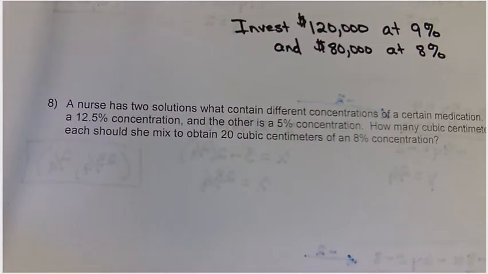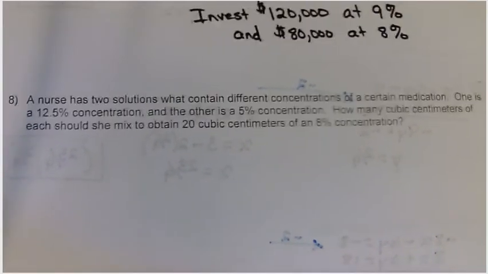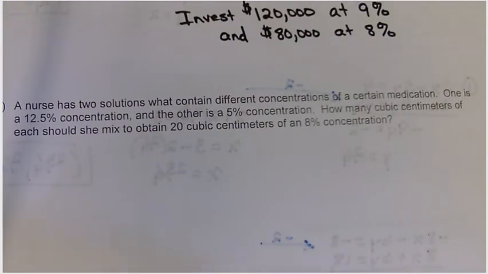A nurse has two solutions which contain different concentrations of a certain medication. One is a 12.5% concentration and the other is a 5% concentration. How many cubic centimeters of each should she mix to obtain 20 cubic centimeters of 8% concentration?